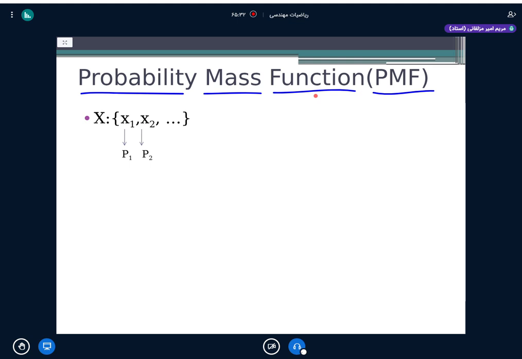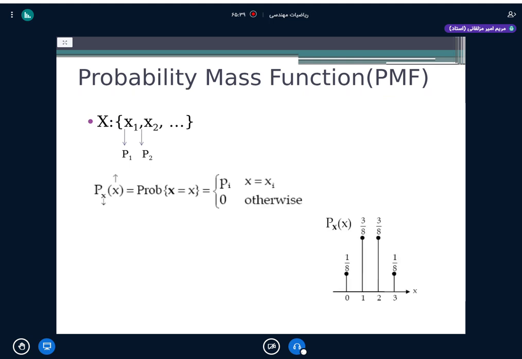But what's the meaning of the PMF of a random variable? How do we define the probability mass function for a discrete random variable? For a discrete random variable, we use this notation for PMF. Suppose that we have a discrete random variable x that takes the values x1, x2, and so on.